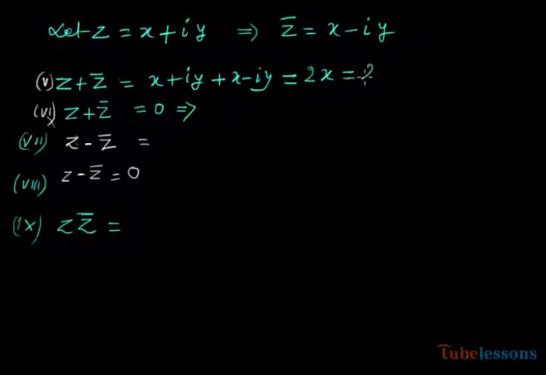That is 2 into the real part of Z. Now if Z plus Z bar equals 0, then what happens?